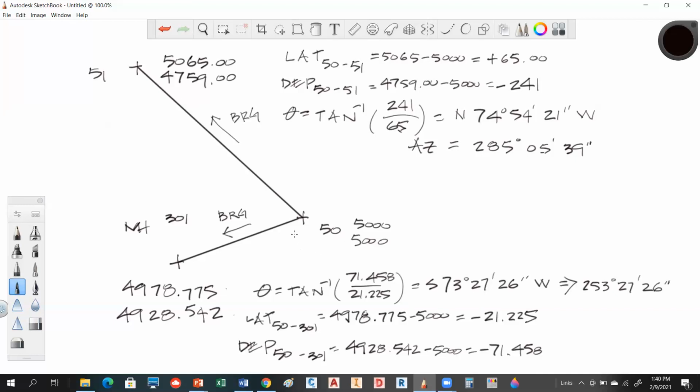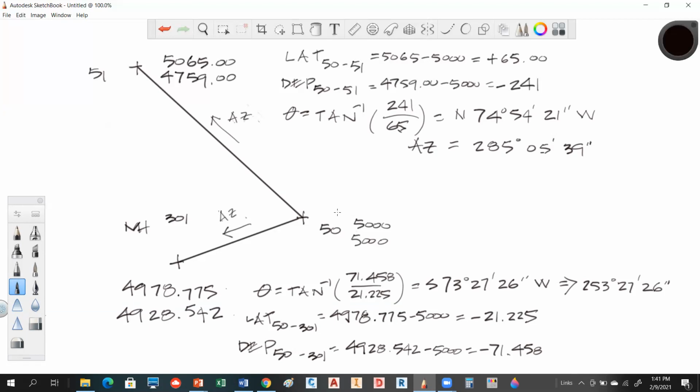So how could we do that now? Well, you know this direction. We know that azimuth there. We know this azimuth. Yeah, so the first azimuth, you could subtract that from 360 and then add that to the azimuth of the one that we just did, and then that'll give you that whole entire angle.